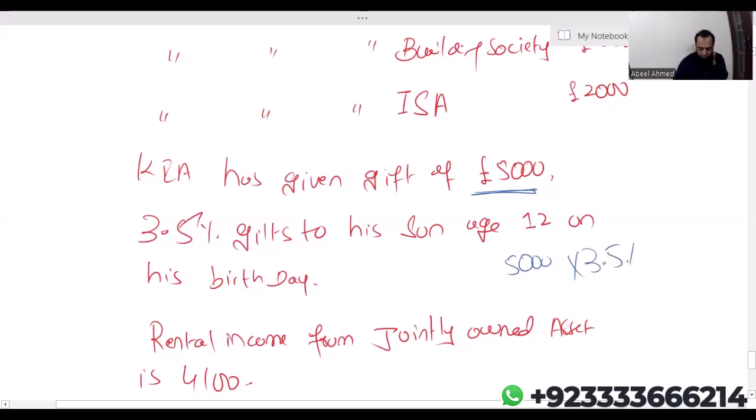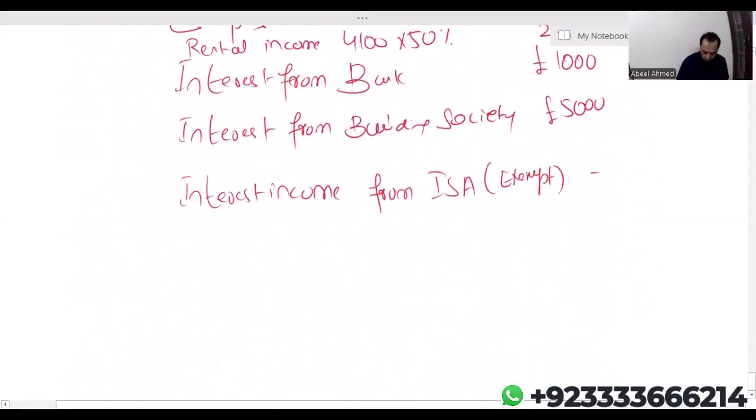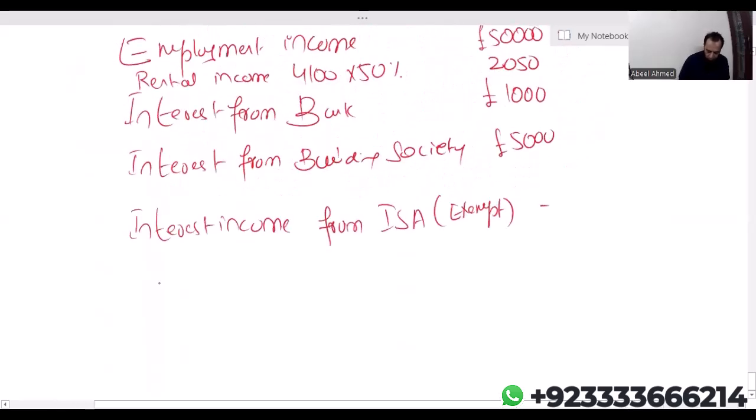If I take 3.5% of 5,000, I'm getting 175. Let me check. Yes, it is 175. So the rule says if the income of a child is a result of a gift from a parent, and that gift is generating income more than 100 pound, then that income belongs to the person who has given the gift. In our question, Kia has given the gift. So 3.5% gilts, 5,000 into 3.5%, we get 175.